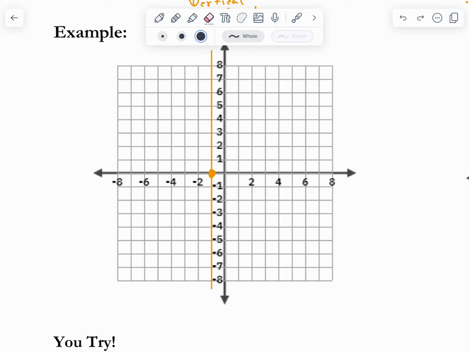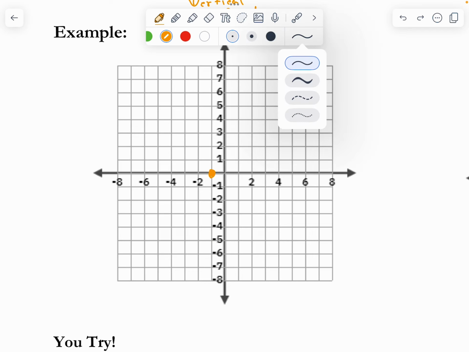The dash line is telling us, hey, we want anything up to -1, but we don't want to include -1, right?